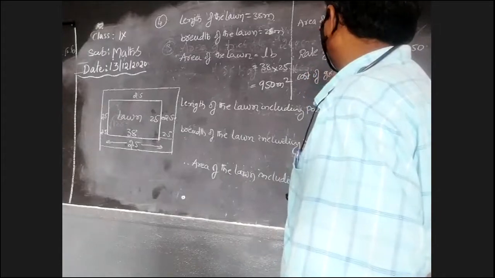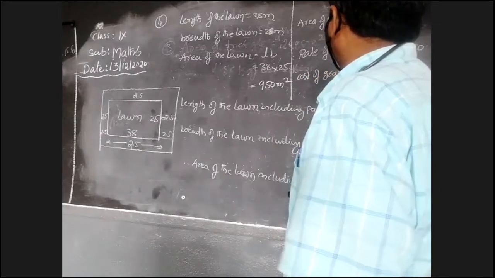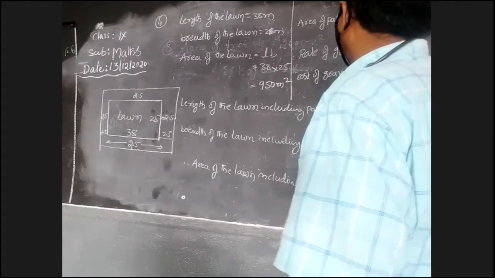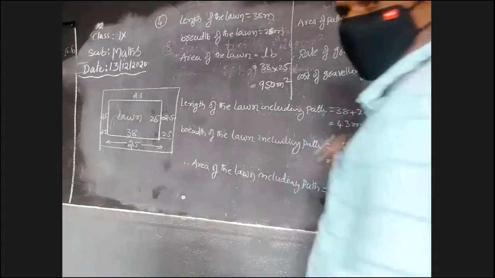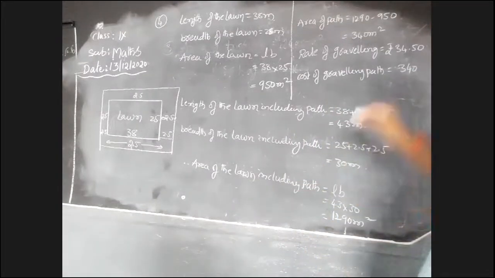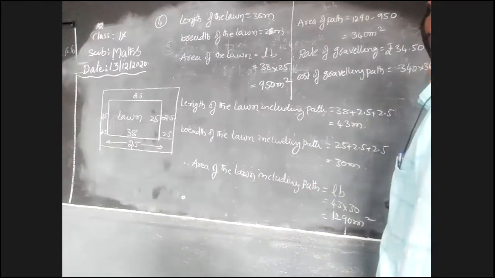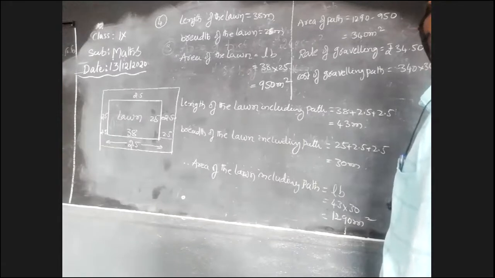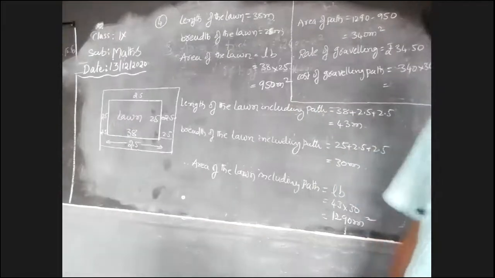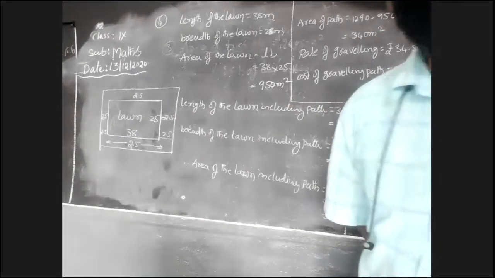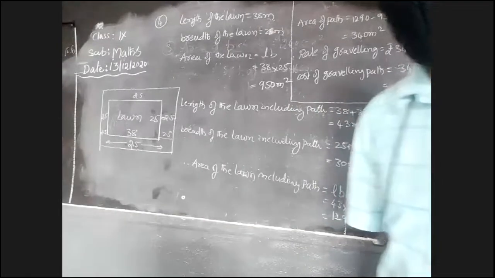Cost of graveling path is equal to 340 into 34 rupees 50 paisa. Multiply 340 into 34 rupees 50 paisa.